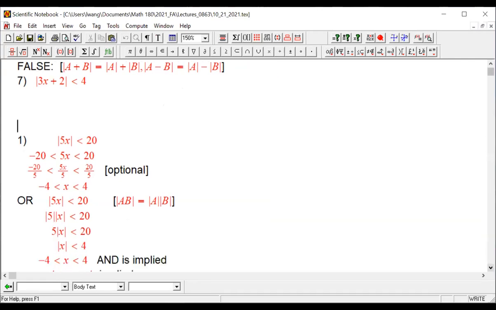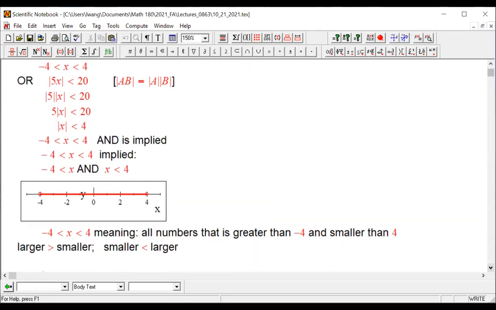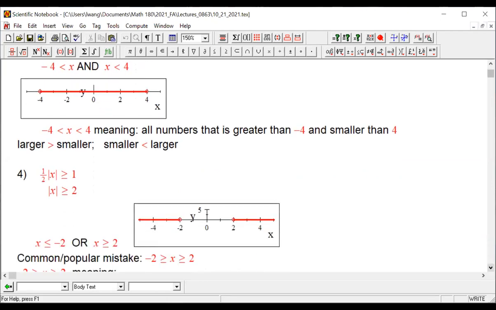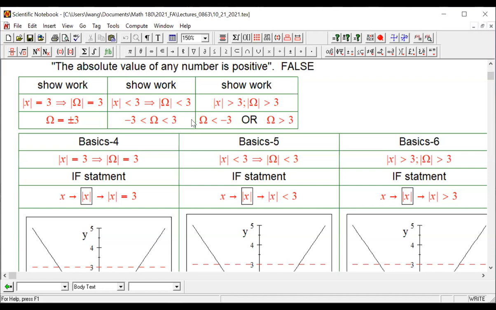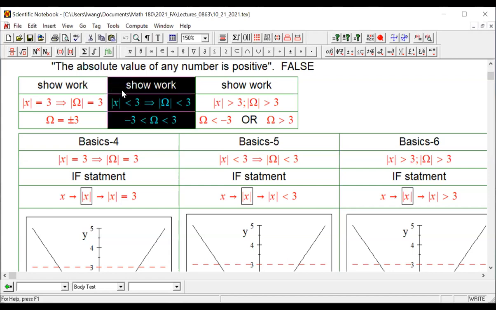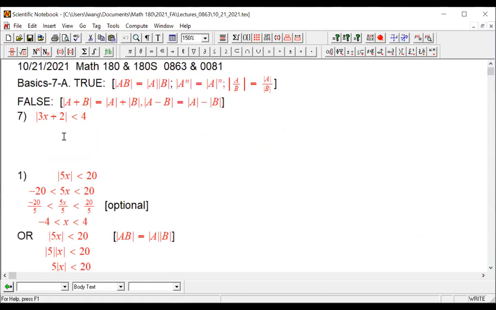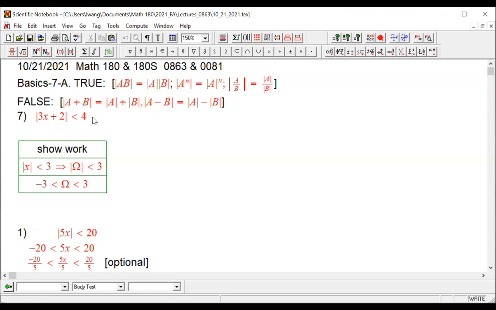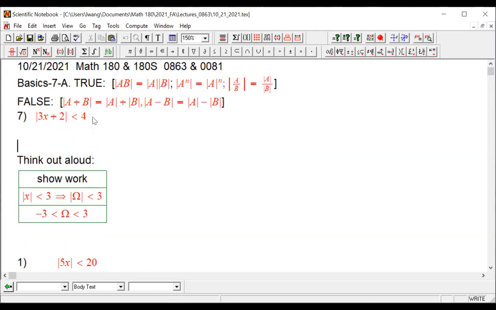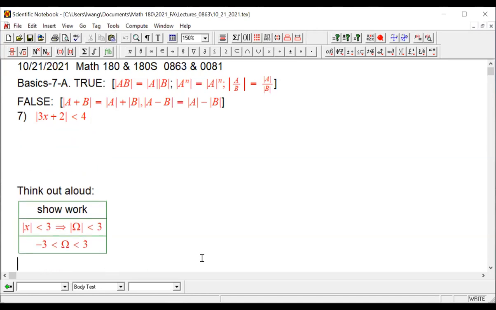Okay, so to set up, we understand which kind this is. This is the "less than" kind. So in your mind, you'll be thinking out loud. This is the kind of work you put on scratch paper. You don't need to show your professor, but you need to have this model in your mind.